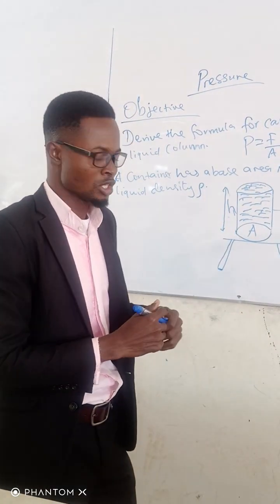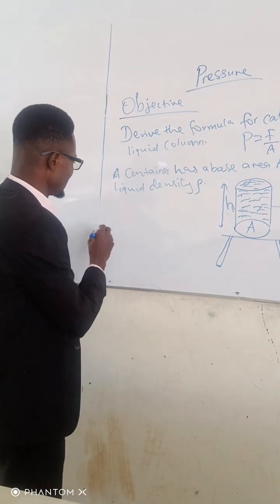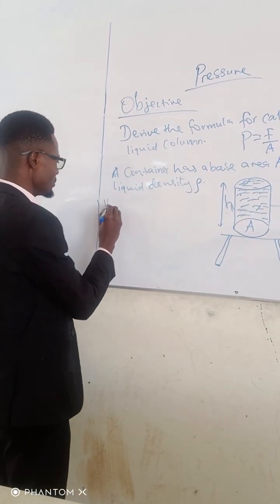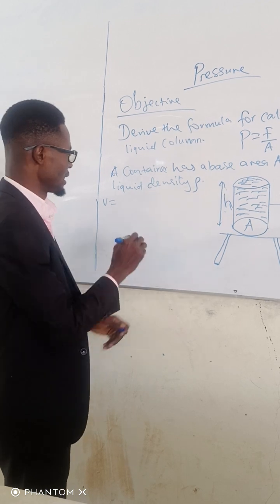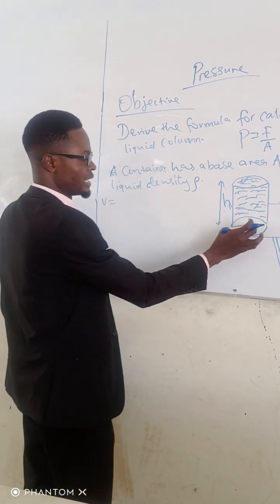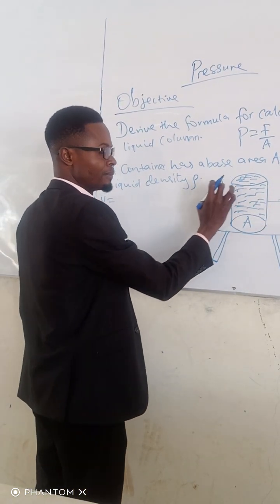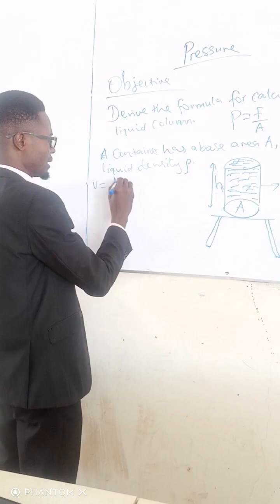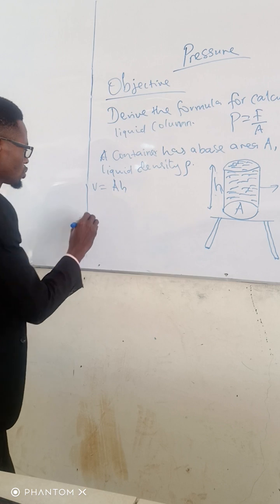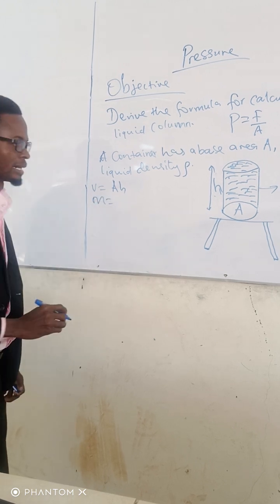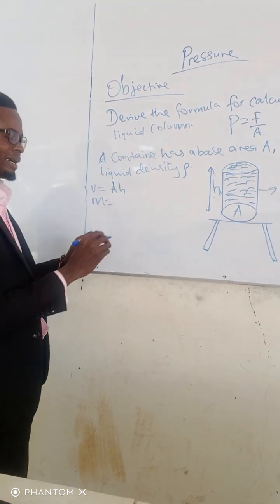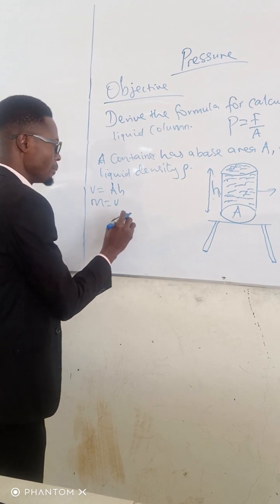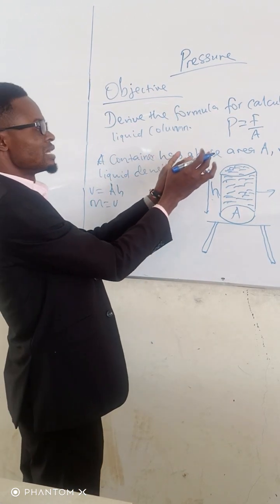So let's start by saying the volume of this container is going to be given by the area multiplied by the height. Then what will be the mass of this container? We know the mass is nothing but the volume multiplied by the liquid density.